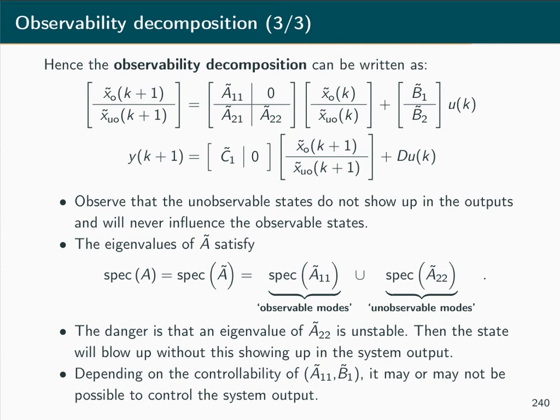The danger here is of course that an eigenvalue of A tilde 2 2 is unstable, because then if the state blows up, this will never show up in the system output Y. Depending on the controllability of the pair A tilde 1 1 and B tilde 1, it may or may not be possible to control the system output.